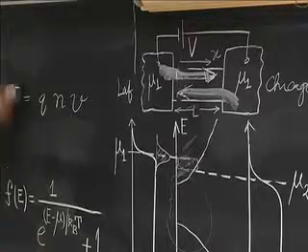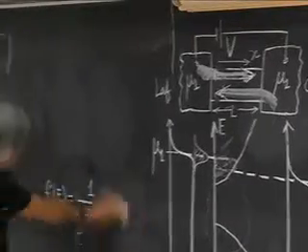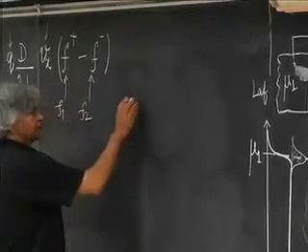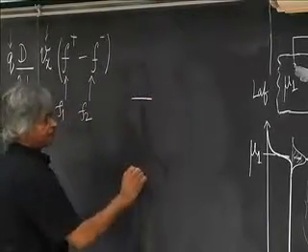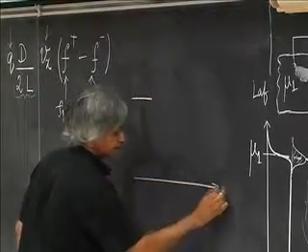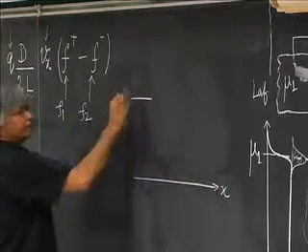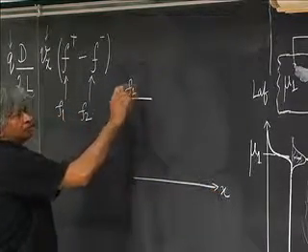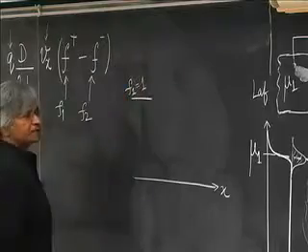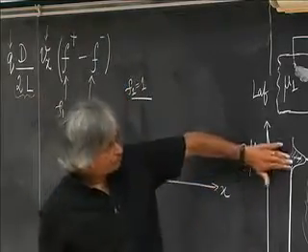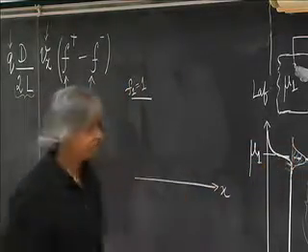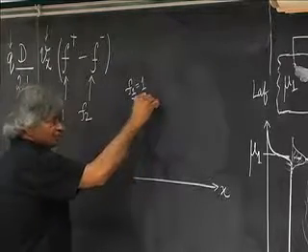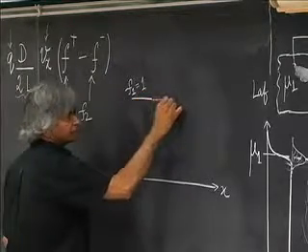You could draw a picture something like this. If you looked at the occupation of these levels from left to right, this axis is the x-axis. At this end, you have F1, which I'm assuming, let's say, is 1. That is, these states are all filled at this energy on the left. And as you go through this thing, it's all filled.